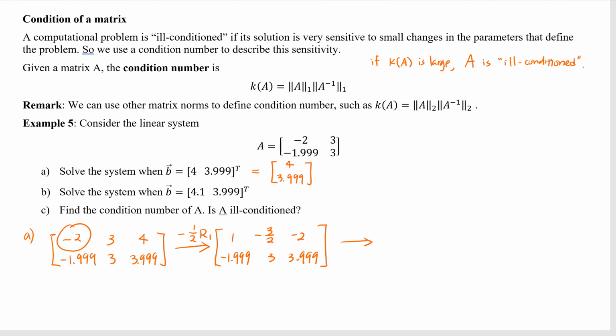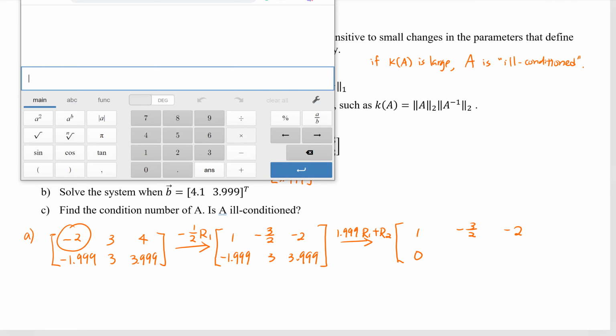Now we use 1.999 times row 1 added to row 2. The first row stays the same. In the second row, 1.999 minus 1.999 is 0. For the second entry, let's use our calculator: 1.5 times 1.999 plus 3 gives 0.0015.